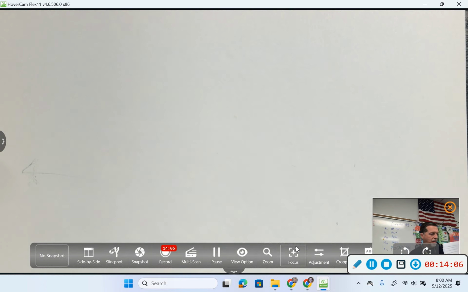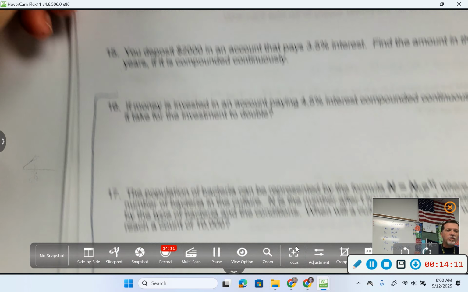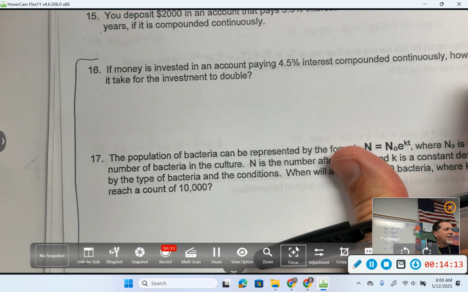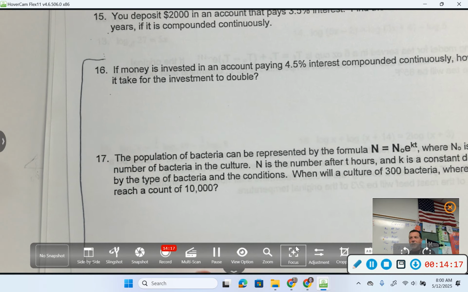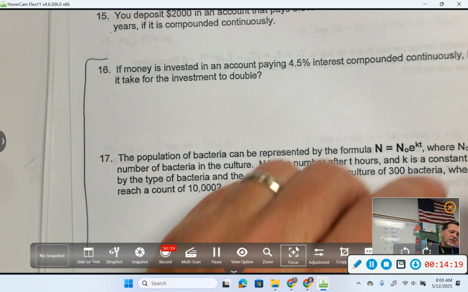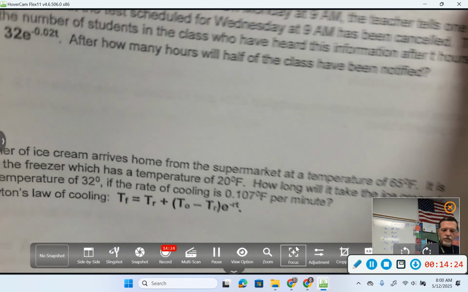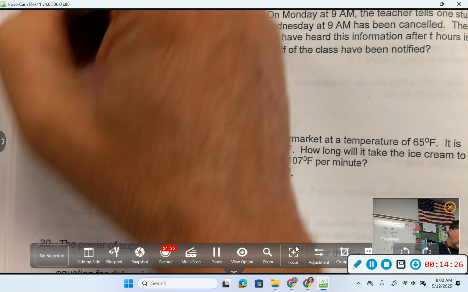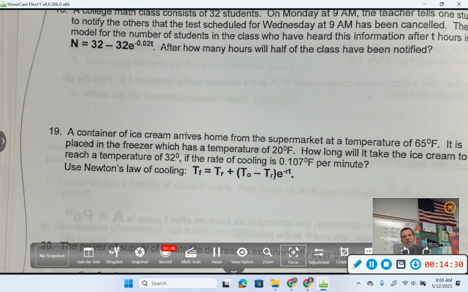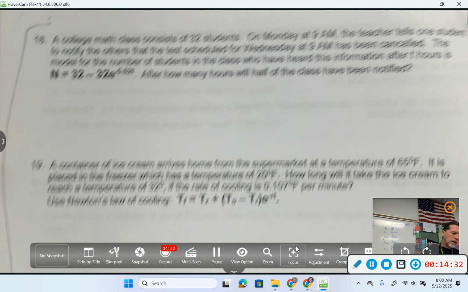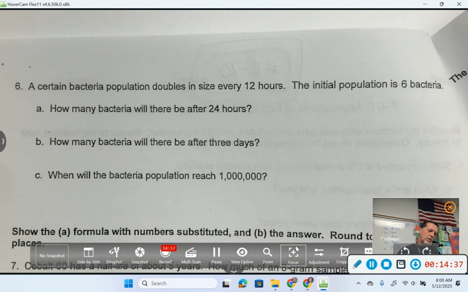And the hint is the one word problem on the test is found within 16 through 20. I'm not going to tell you which one it's closest to, but at least narrow down what you've got to worry about. All of those are solve for t problems, but exactly which one it is, it'll be one like 16 through 20.